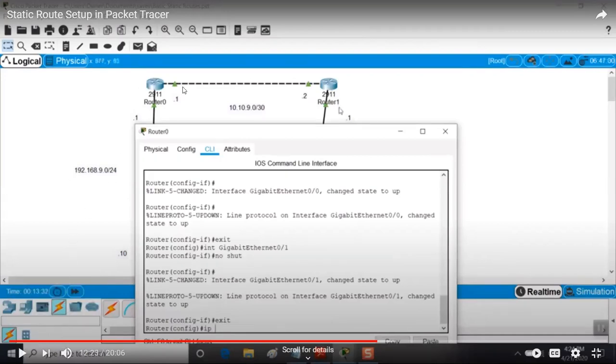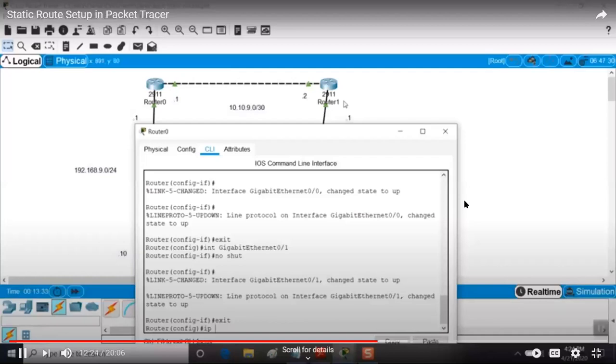On the left-hand side, we have a network 192.168.9.0. And on the right side of this diagram behind the CLI screen is a 172.16, two totally different networks. And you have a PC down here. You'll see the screen in just a minute. But basically you want to create this route.